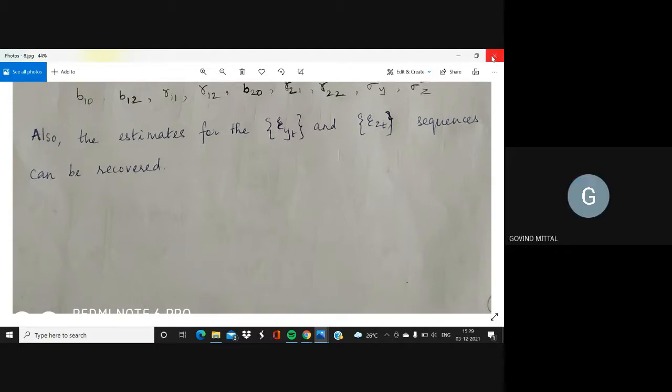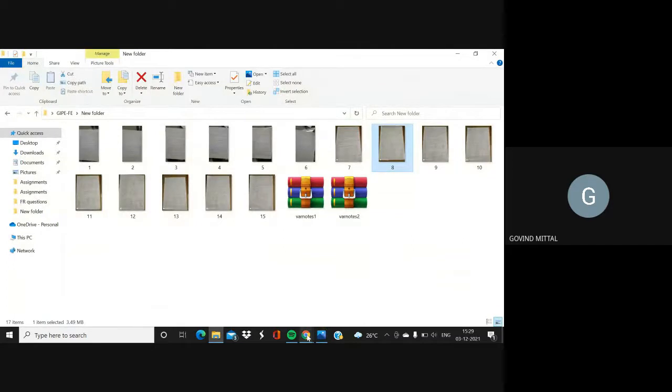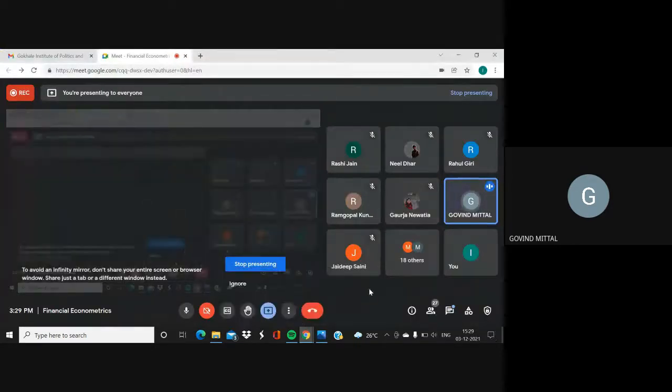Ma'am, so then we can't use VAR models when shocks in ZT affect YT, and shocks in YT affect ZT? No, the thing is you will have to impose a restriction in order to identify the system.